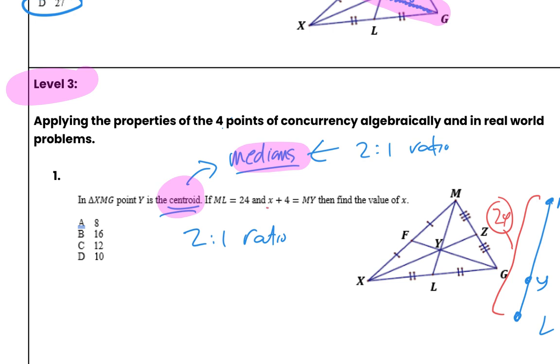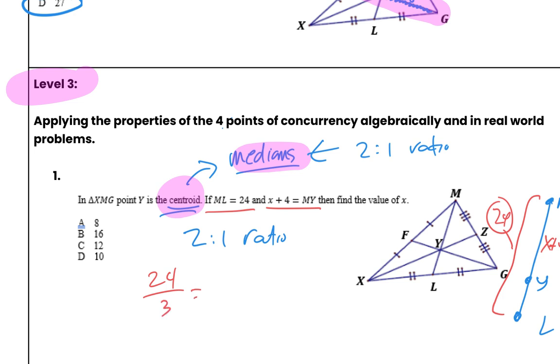Then it says MY is x plus 4. So the whole thing is 24, and it has a 2-to-1 ratio. I'm going to divide it into 3 parts.